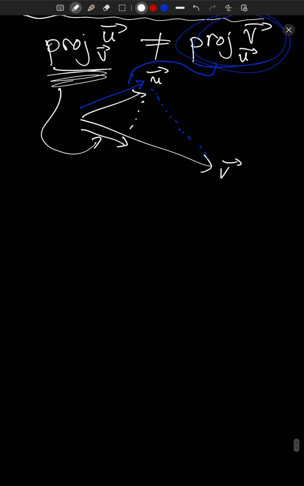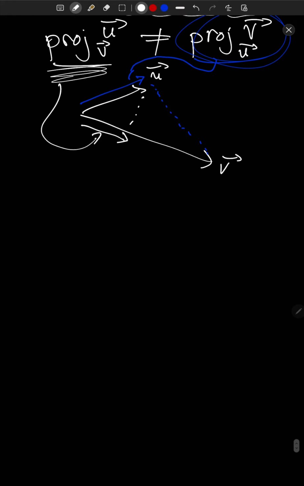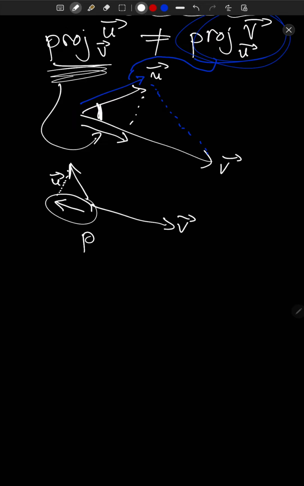All right, and again, I've drawn all these pictures with the angle between v and u being acute, but everything works exactly the same if they're obtuse. The projection would look something like this. I guess I should actually mention that. The projection would be that. That would be the projection of u onto v in this situation. So it actually points in the opposite direction of v.